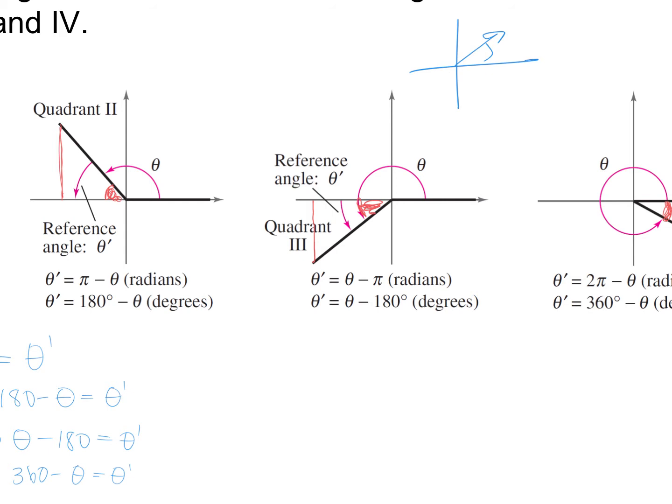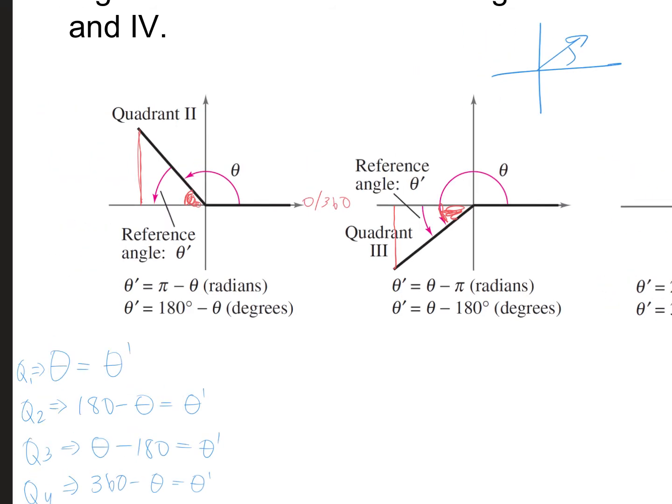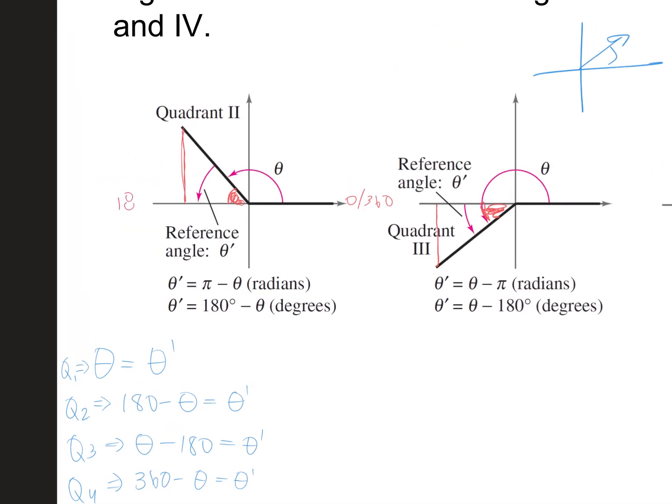Yes or no? So on the x-axis, on your unit circle, would you guys agree that 0 and 360 are on the right-hand side? And what's over here on the left-hand side? 180. Should you ever use 90 or 270? No. What axis is 90 and 270 on? The y. Your reference angles are formed with the x-axis.